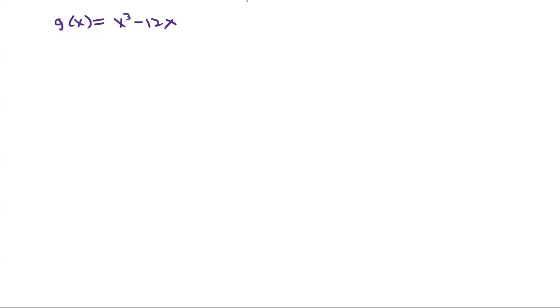This one's g of x is equal to x cubed minus 12x, and we're trying to determine whether we have an even, odd, or neither. To determine whether it's even, odd, or neither, we plug in a negative x. If you get the same result as the original, then it's an even function.